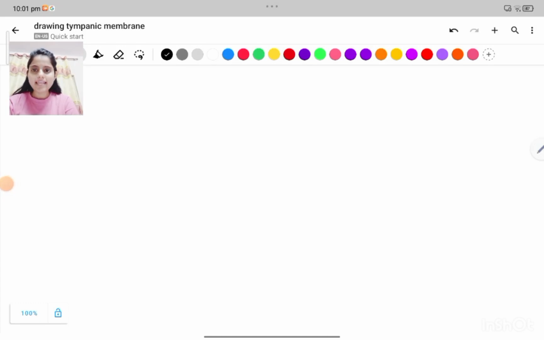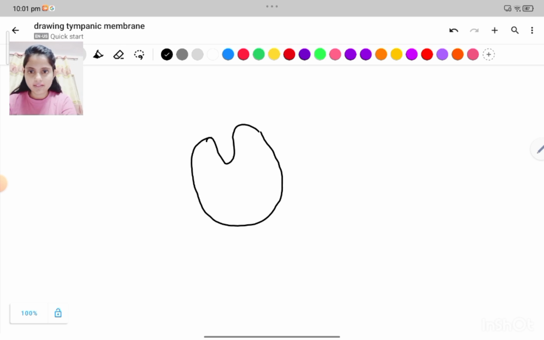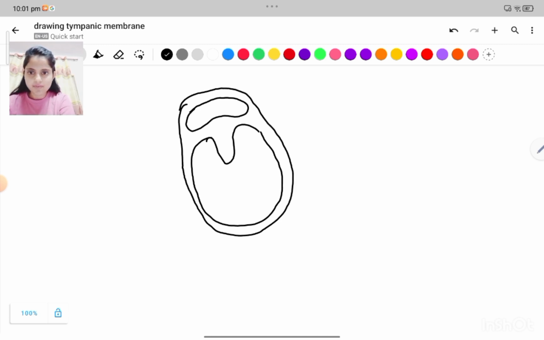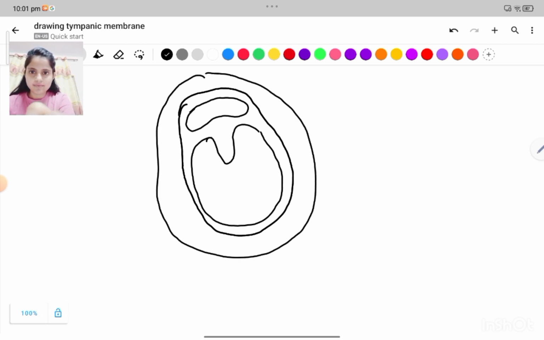Let's draw the tympanic membrane of the right ear. This is the pars flaccida.